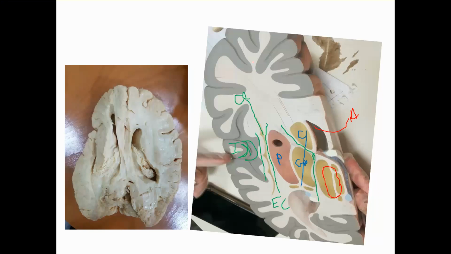This will be forceps minor. And this part will be the genu of the corpus callosum.